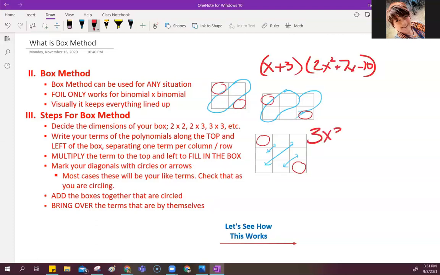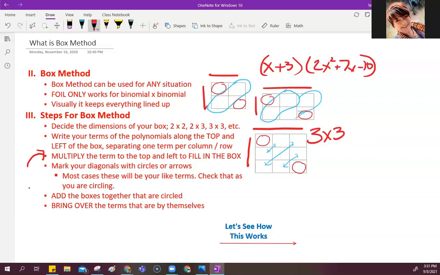So you draw the dimensions of what you have. You're going to write your polys across the top and the left. We're going to multiply to fill in the boxes.